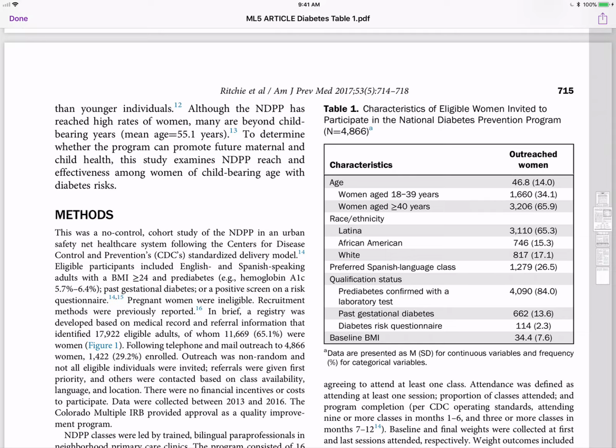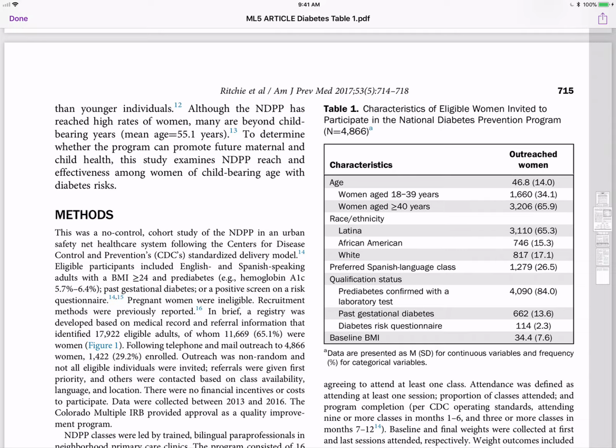So if we have a dichotomous variable, sometimes they'll only list one of the categories, just to give a sense rather than having 3 rows to represent all of that information. And then qualification status is categorical. The numbers represented there are frequencies and percents. And then the baseline BMI, it goes back to a mean and a standard deviation. So those are some features of the table.